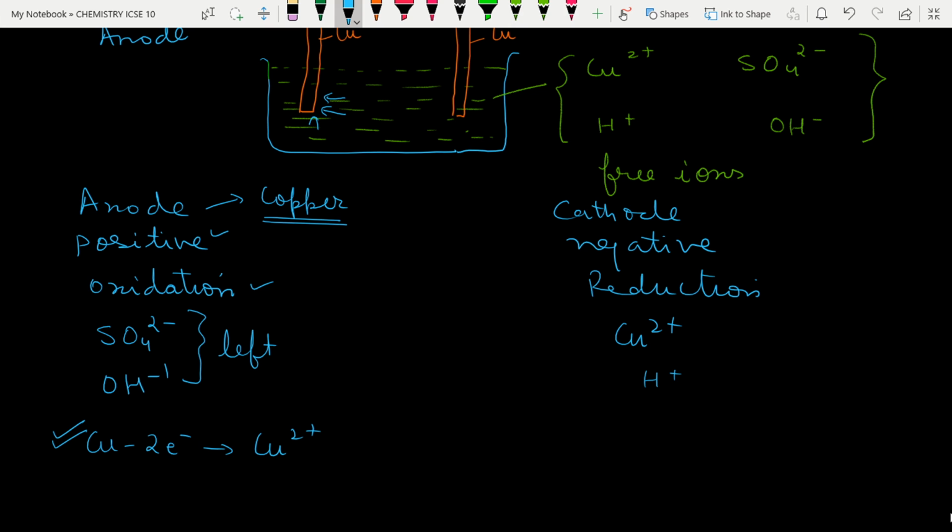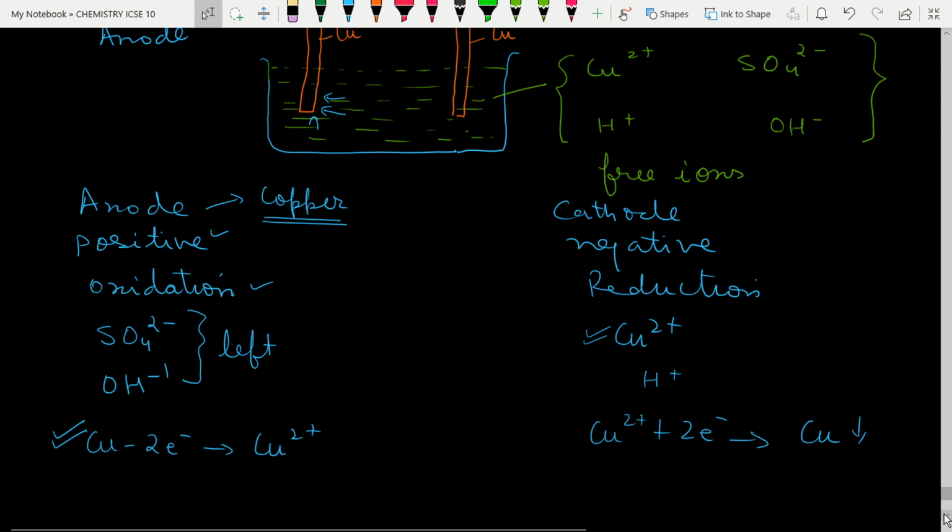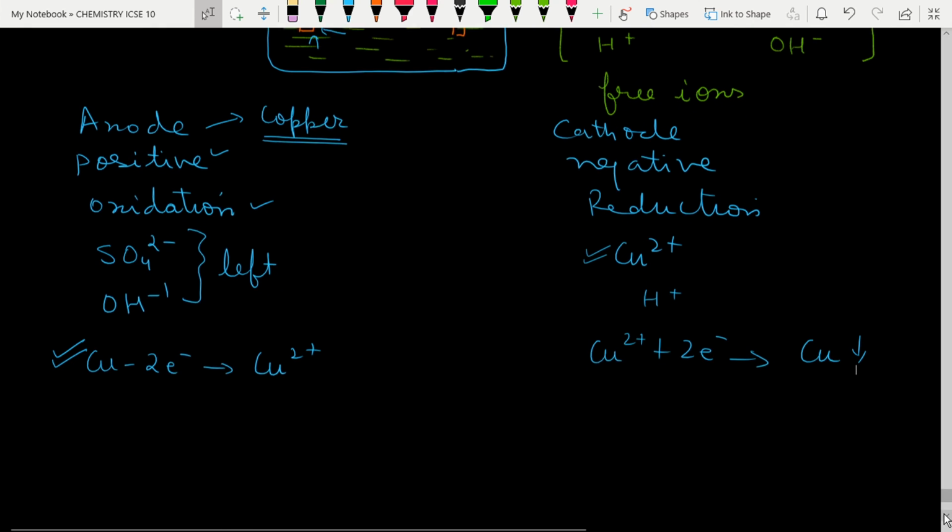And at the cathode we see copper is below in the activity series, so Cu2+ will gain 2 electrons and will be deposited. So here something very interesting is happening. If you take the copper anode, it will start dissolving and it will show the oxidation. So what is the observation here in this case?